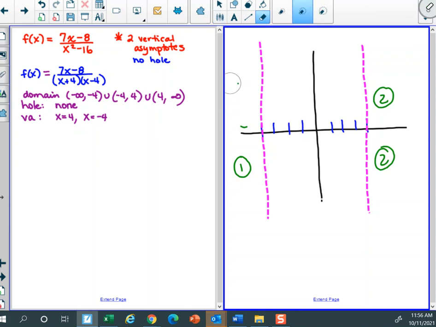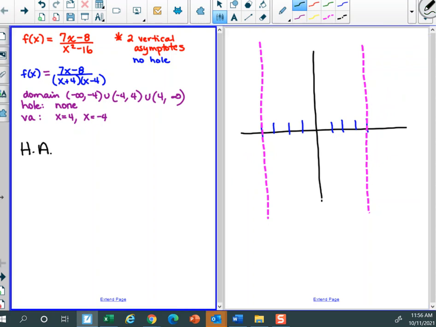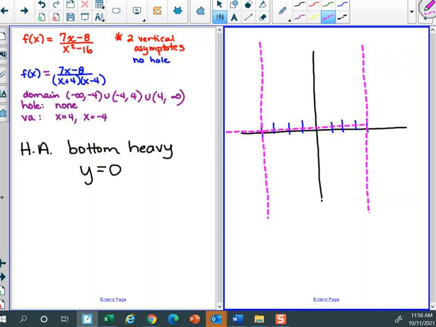So let's continue to get some actual points and other information on this graph. Horizontal asymptote, because this is a bottom heavy problem, the horizontal asymptote is going to be y equals 0 or the x-axis.